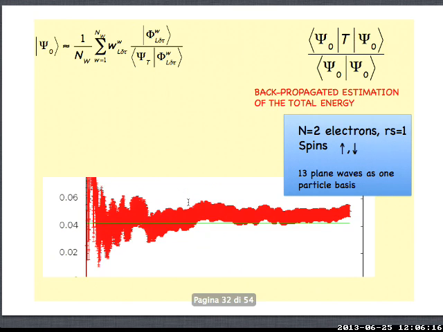This is another example. This is a pure estimation of the kinetic energy. Here, some noise appears because you have to multiply some matrices to obtain this result.